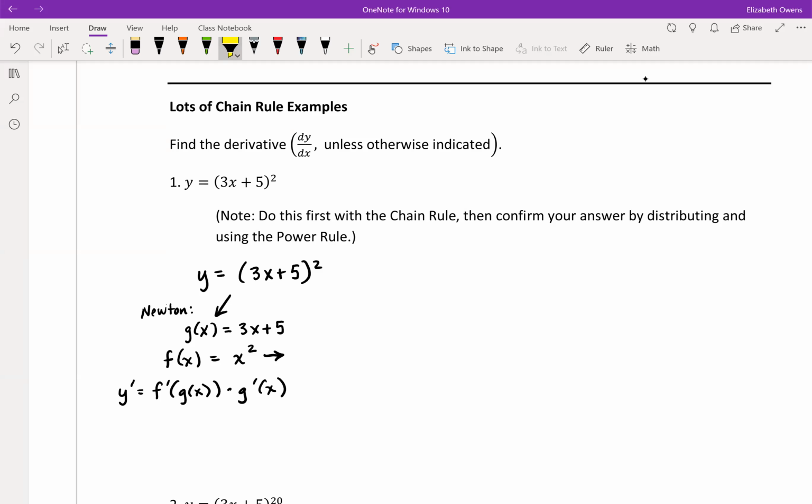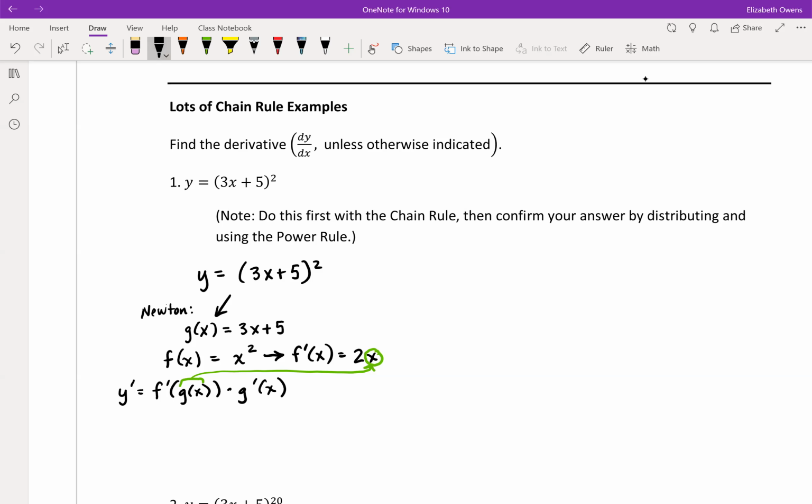So notice for this first part, you need the derivative of f. So f prime of x here, real quick little power rule, that's going to be 2x. So when we do f prime of g of x, we are going to take g of x and put it into the f prime function. So instead of x right there, we're going to put in g of x.